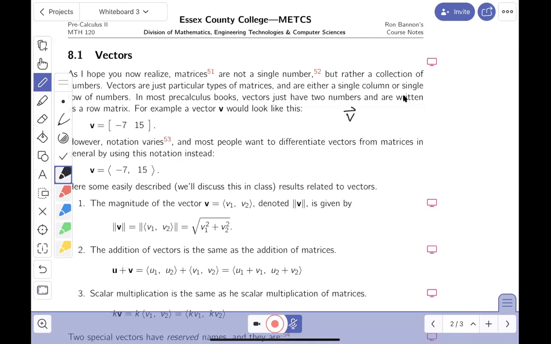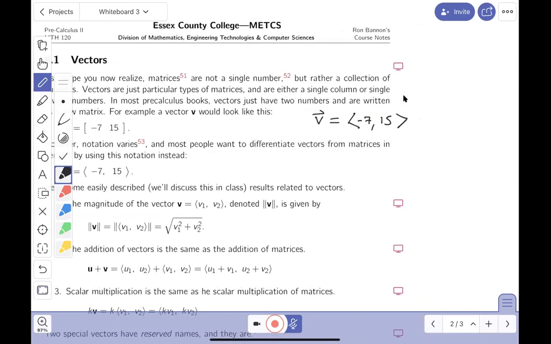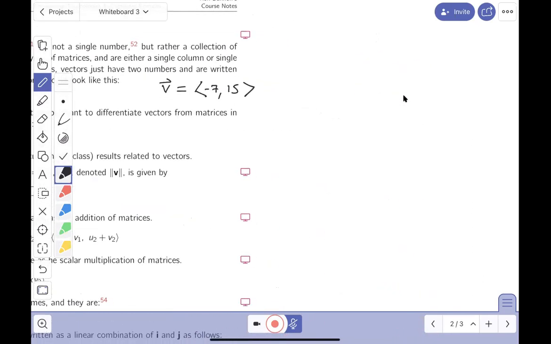But I'll be honest with you, for the most part, we don't use that matrix notation. We use this bracket notation, and then we put the listing of numbers down. It's only two numbers, -7 and 15. But here's the deal: in 119, they didn't use the comma. We're going to use a comma now. So -7, 15. I want to visualize the vector for you, and as we do that, I'm going to put an XY axis down for you.